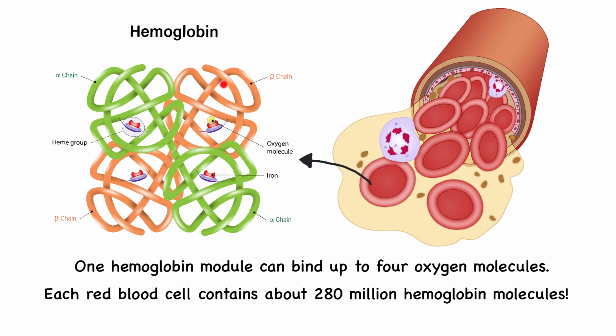So how do we get the oxygen from the hemoglobin to diffuse out? In order for that oxygen to dissociate from the hemoglobin at the tissues, the partial pressure of oxygen in the capillaries needs to be higher than the partial pressure of oxygen in the tissues.